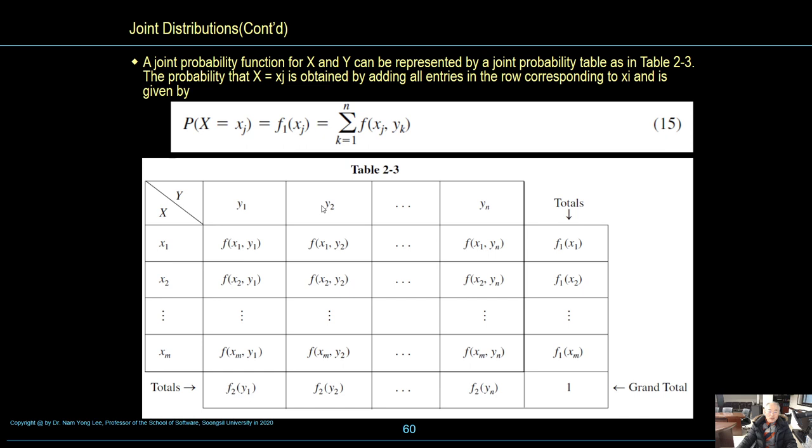The probability of X equal to xj, for j = 1, 2, ..., m, is obtained by adding all entries of the row corresponding to xj, giving the total f1(xj). The grand total of this joint probability is 1.